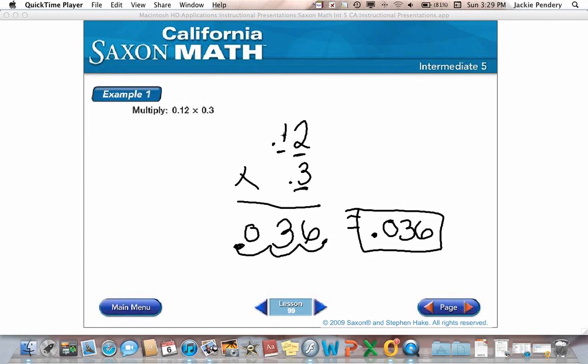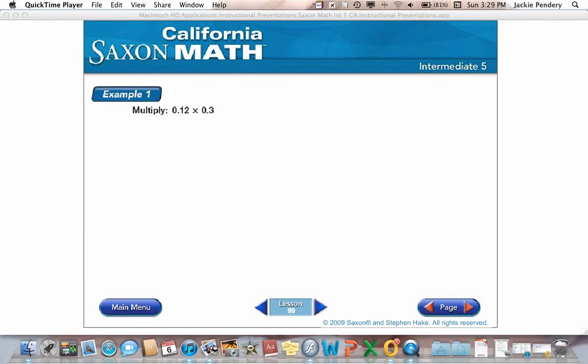So again, after I multiplied, I counted the number of places to the right of the decimal in my problem. 1, 2, 3. And then I put my decimal at the right edge of my number, and I move 3 places to the left. 1, 2, 3. Since there was no number here on this last move, I have to add in a placeholder or a 0. Okay, let's look at the next example.